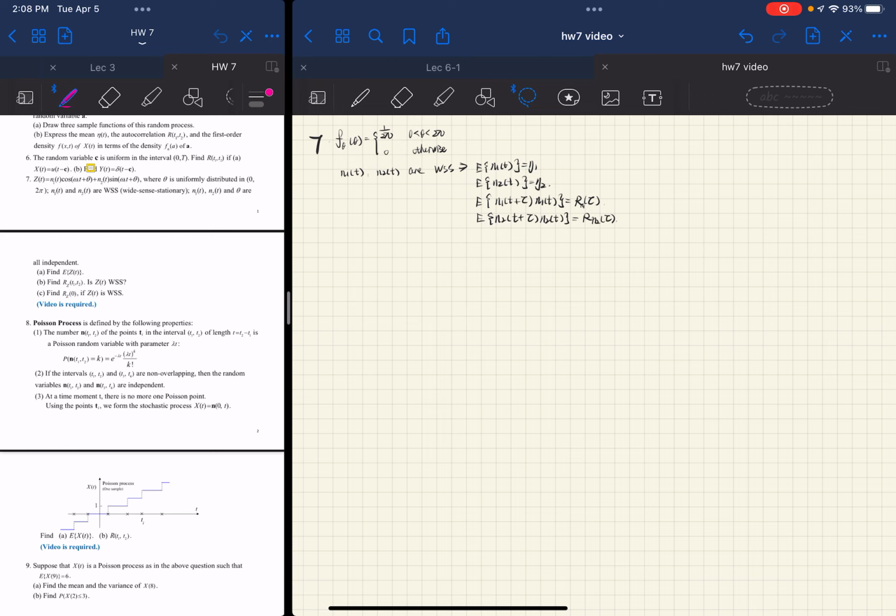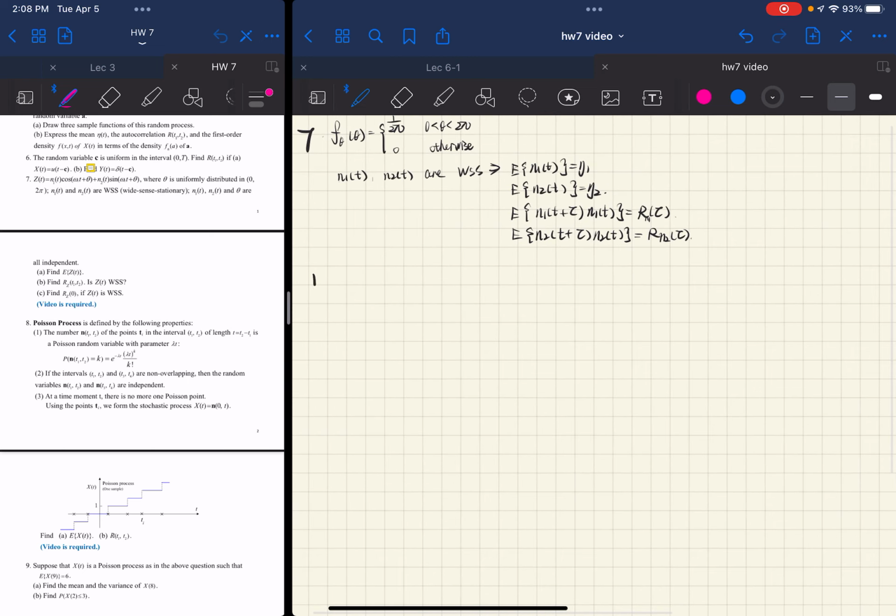And for part A, we need to find the expectation of Z(t), where Z is given in the problem. So we expand this formula, plugging in the equation of Z(t).